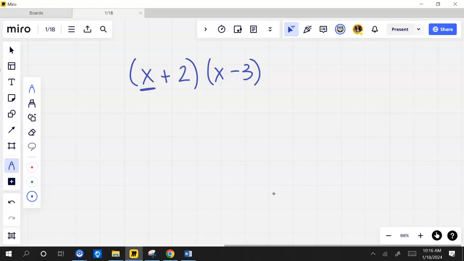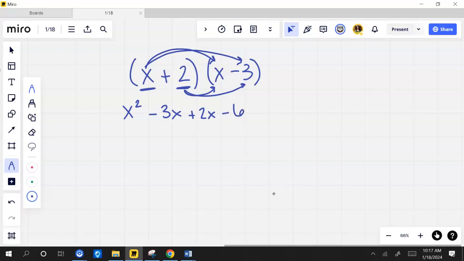So I start with the x and I distribute. x times x is x squared, x times negative 3 is negative 3x. I'm done with that first one because it's already distributed to everything in the second parenthesis. Now I move on to the next one. 2 times x is 2x, and 2 times negative 3 is minus 6.